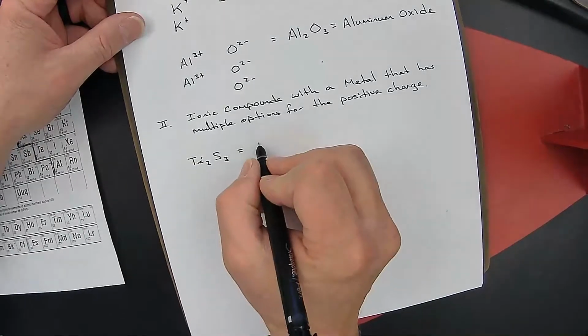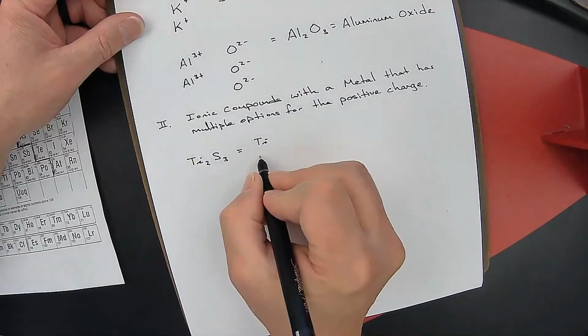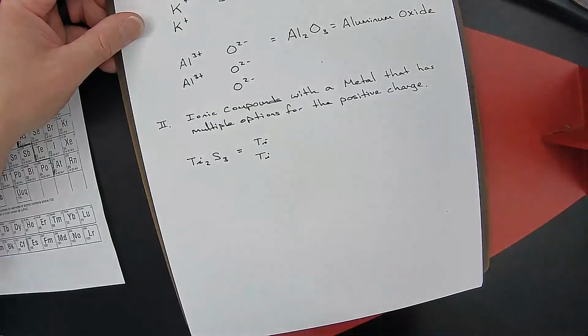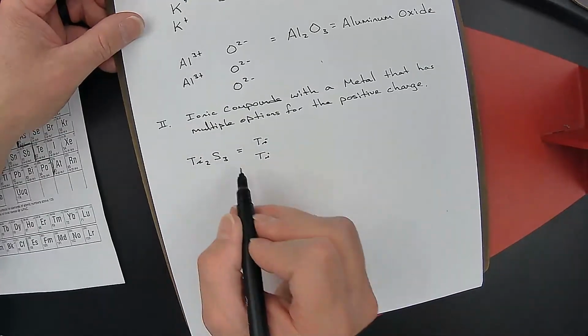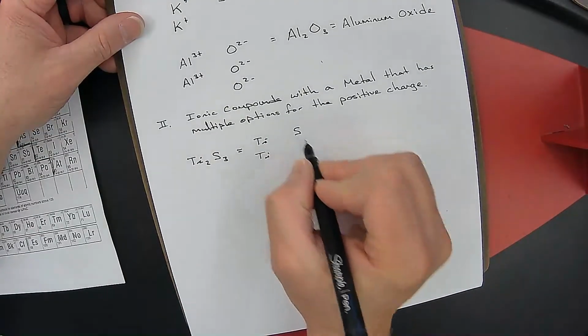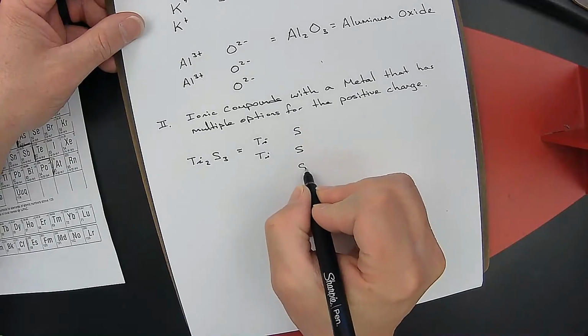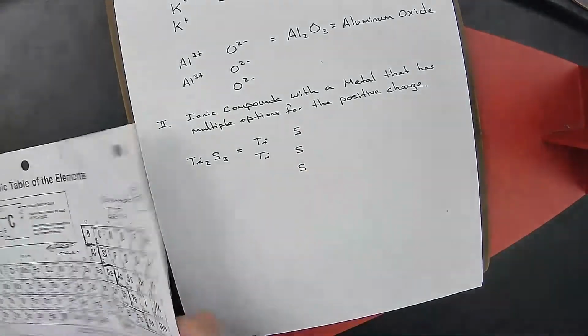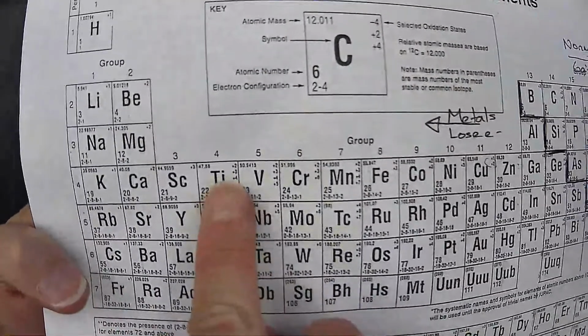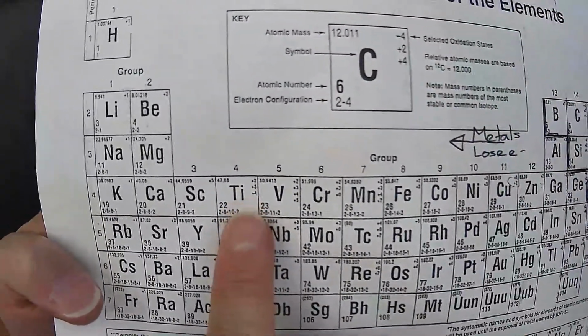What we would need to do is list out 2 Ti's, because it's Ti2. We would list out 3 S's, but when I go to find the charge on the Ti, I don't know what it is. It's either a 2+, 3+, or a 4+.